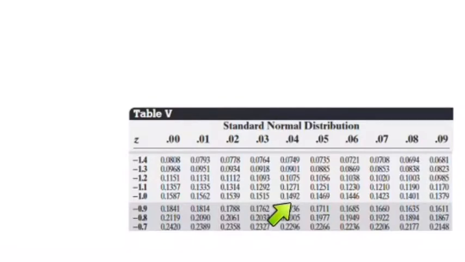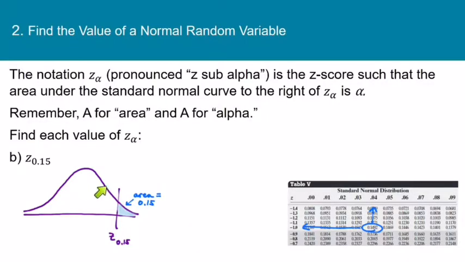This smaller one is 8/10,000ths under, but this larger one is 15/10,000ths over. So we're going to settle on this one, and that means the z-score that matches this area is negative 1.04. But again, when we look at our diagram, we can see that this z-score is on the right side of the graph. Therefore, we know it's a positive z-score. So we are going to say that z sub 0.15 is equal to positive 1.04.